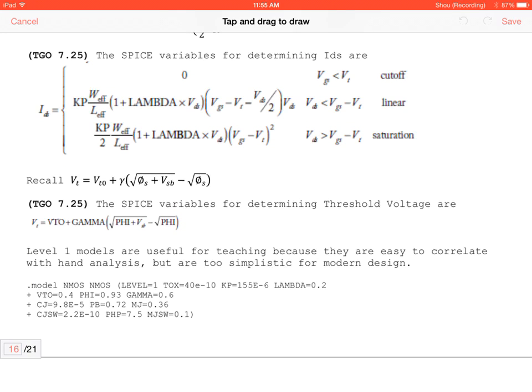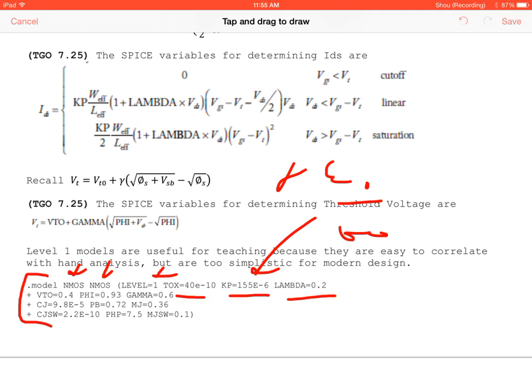But the way it was written out before, you would include a dot model command before you have a dot include. So if you recall, you would just call it the model NMOS, and it's representing an NMOS circuit. You call it level 1. You have your oxide thickness. You have your mu, EOX, TOX, or KP. Lambda is 0.2.